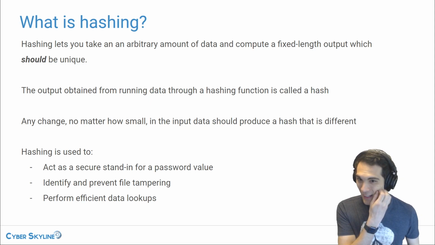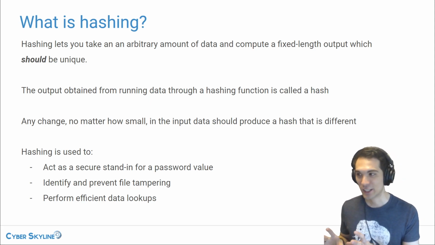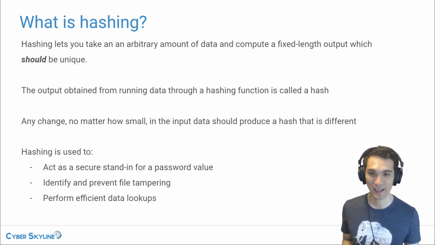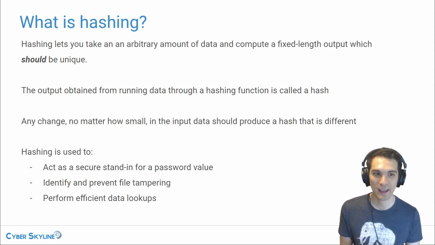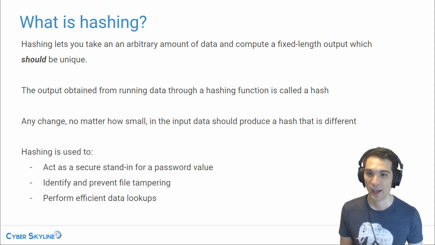situations. Now, in any case, when there is a change made to the input data, no matter how small, it should produce a hash that is different. This is where it comes in very handy for something like storing passwords.